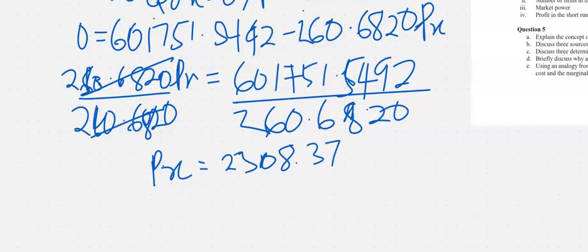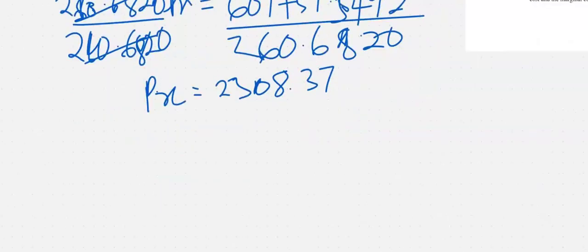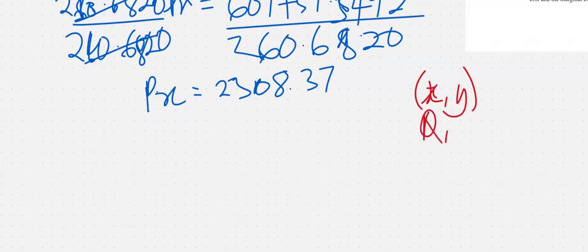Then we write coordinates for it. The coordinate must always be expressed in the form of x and y. I'm using red. So in terms of price and quantity, quantity will go for x, price will go for y.